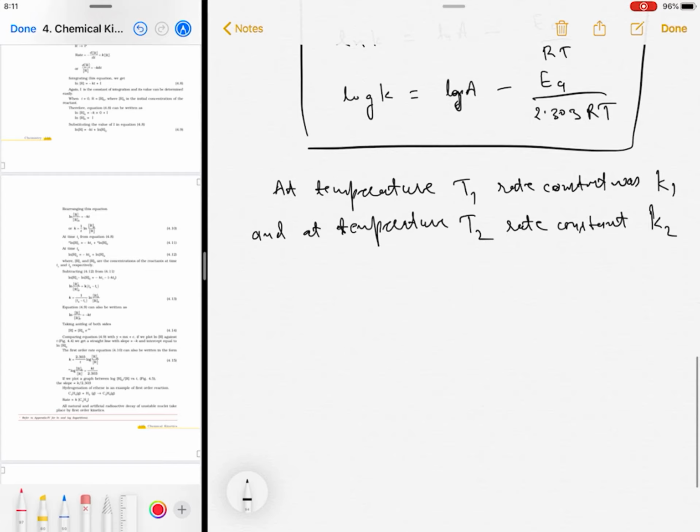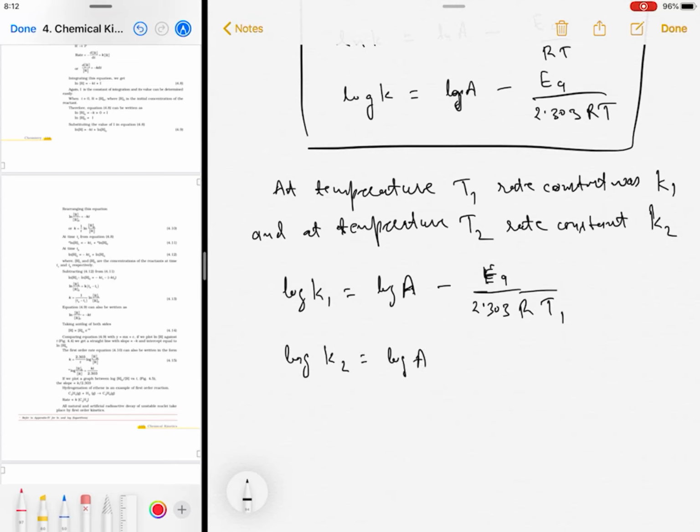Now if we write the Arrhenius equation for these two conditions, we will get log of K1 is equal to log of A, since for a reaction it will be constant, minus activation energy is also constant, Ea upon 2.303 R into T1. And for the second set of conditions, temperature T2, the equation will be log of K2 is equal to log of A minus Ea upon 2.303 R into T2.